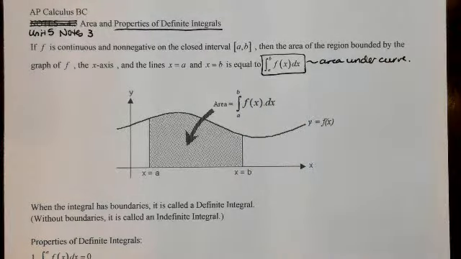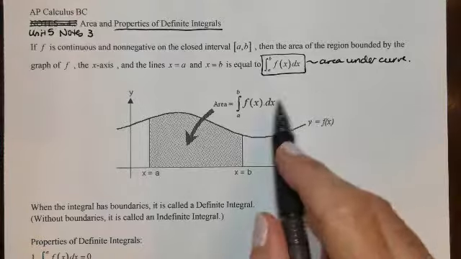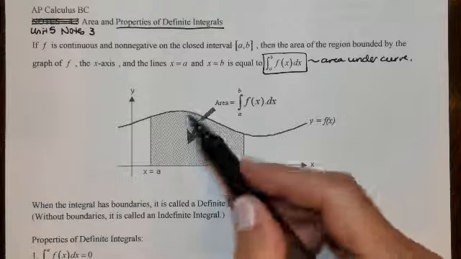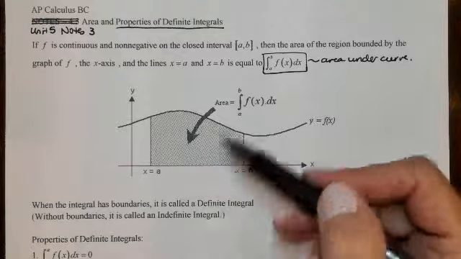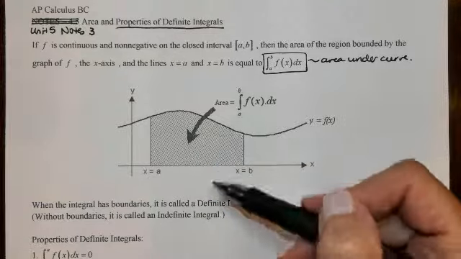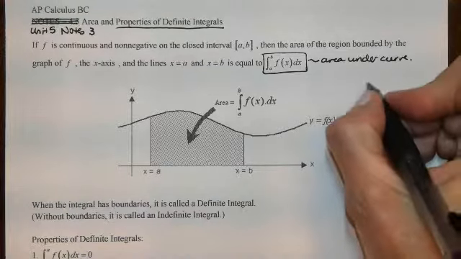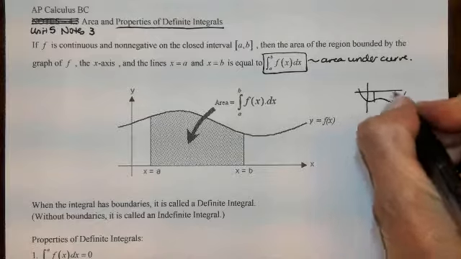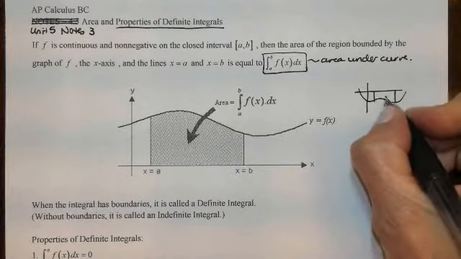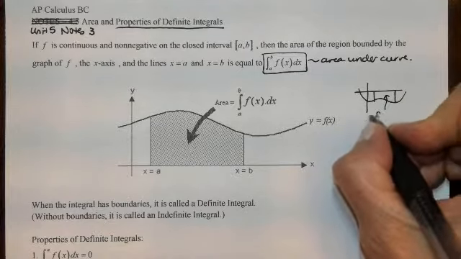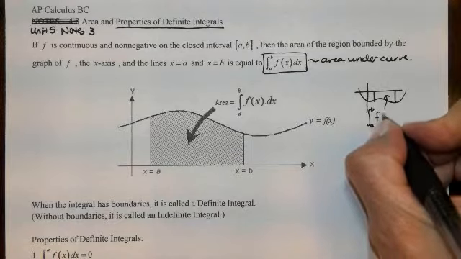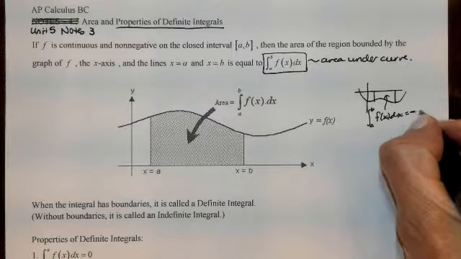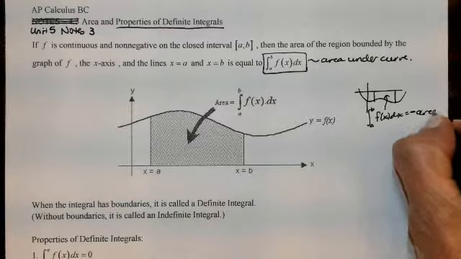Okay, so usually when I show this picture and we're on day 2, a student will say, Miss Murray, what happens if the curve is below the x-axis? Well, if the curve is below the x-axis, let's say we have this area, then this integral, the integral from a to b of f of x dx, would be the negative of the area.